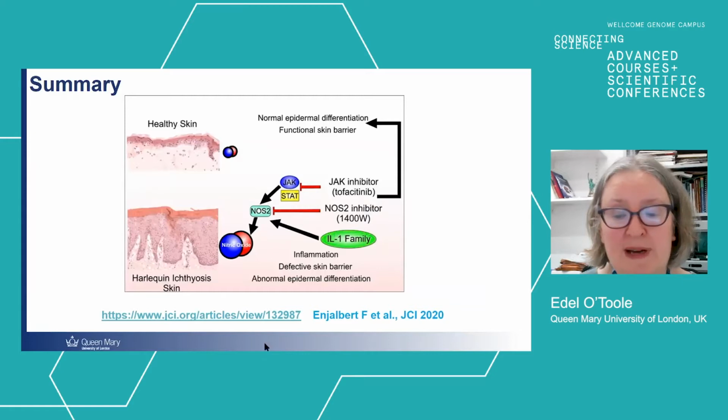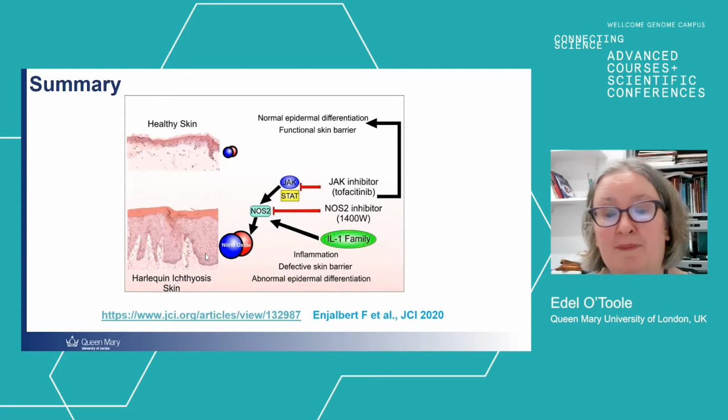So if you want to read more about this, we published this paper in the JCI around July of this year. And this is the graphic from the paper. So you can see the JAK inhibitor and NOS2 inhibitor seem to restore a functional skin barrier.